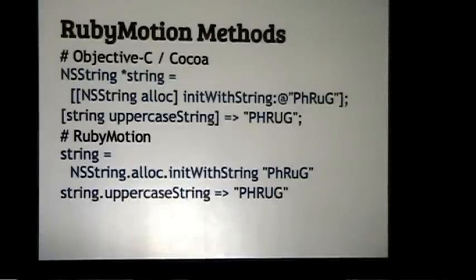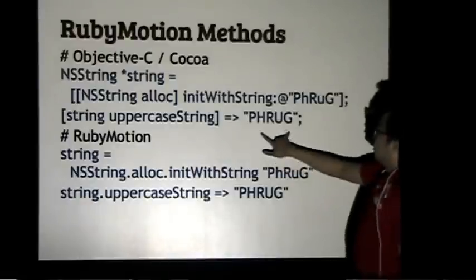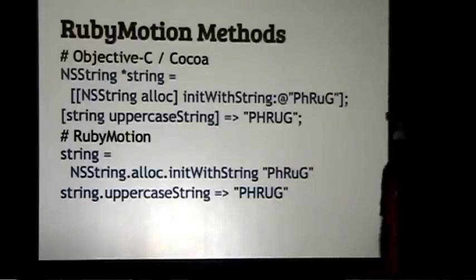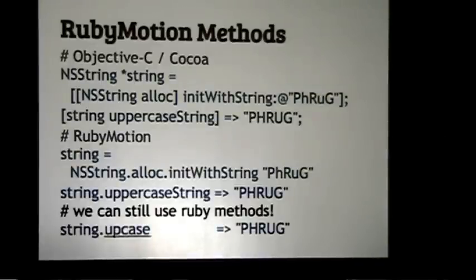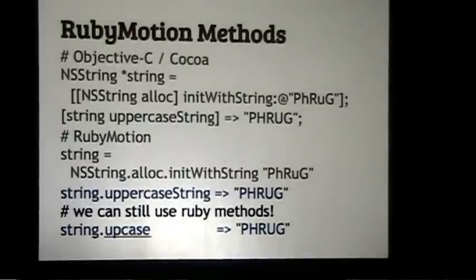Another example: in Objective-C, if you send uppercaseString to a string, which capitalizes everything, you can do the same thing in RubyMotion. And you can still use your Ruby methods. uppercaseString and upcase are essentially the same thing, except that upcase is shorter.